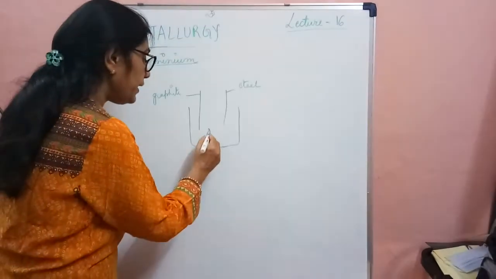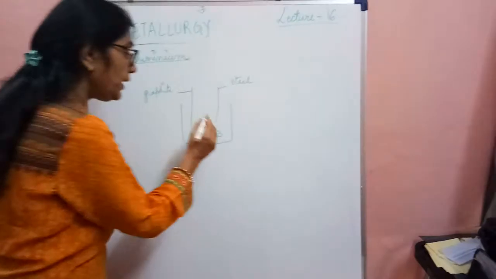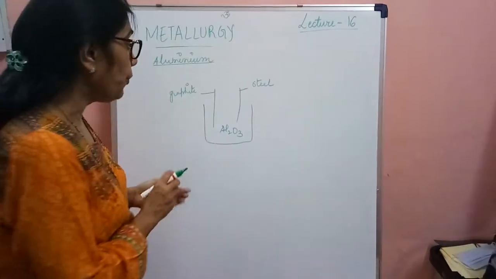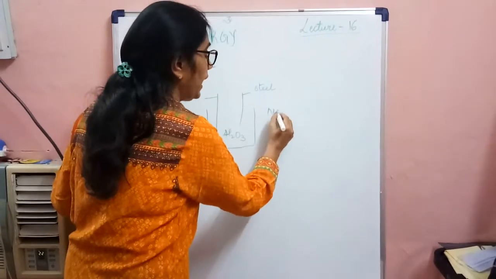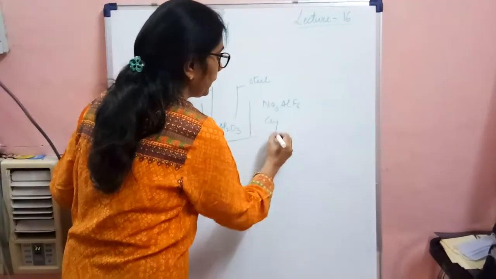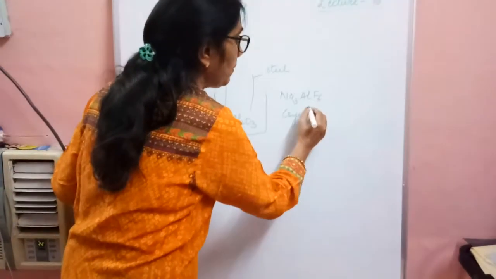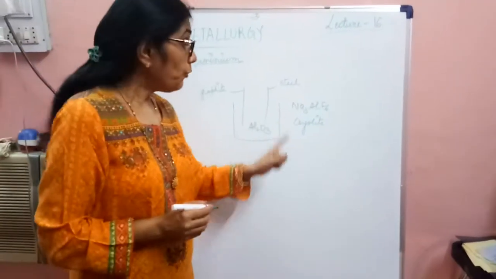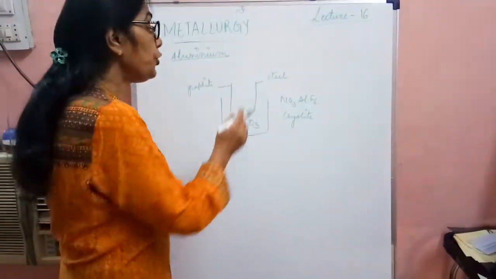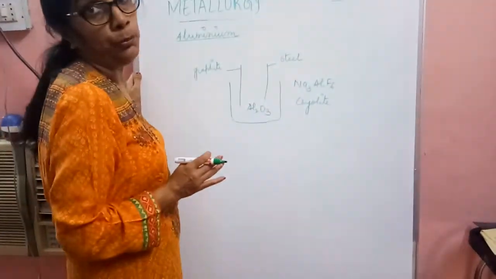Now alumina is the electrolyte, but its melting point is very high. So therefore it is mixed with cryolite, Na3AlF6. Okay, a coordination compound, a complex compound. So what is the role of cryolite? It helps to reduce the melting point of alumina.